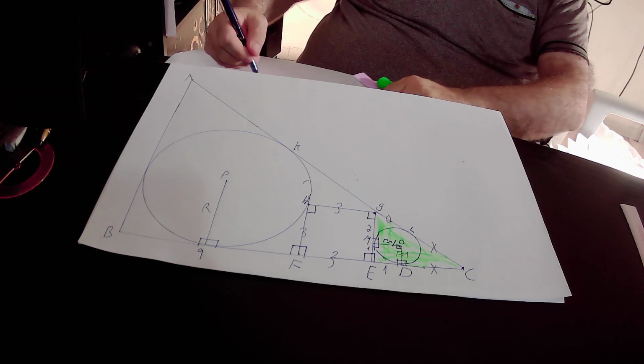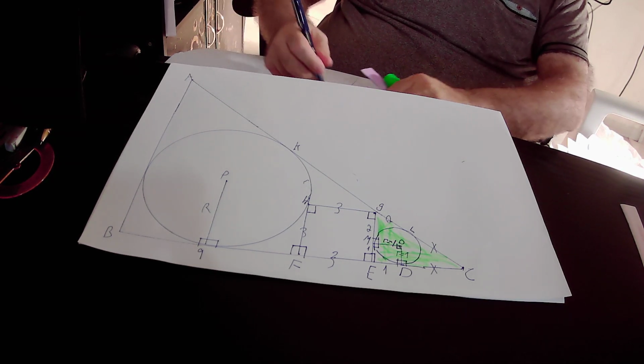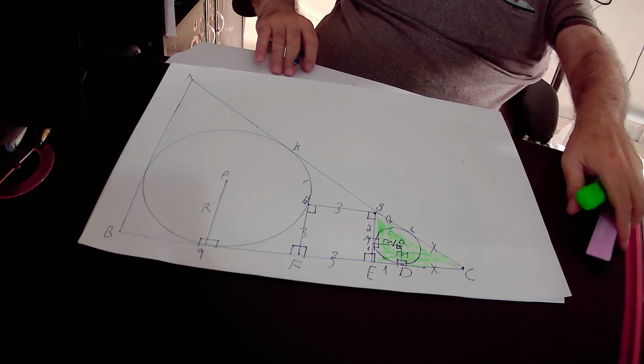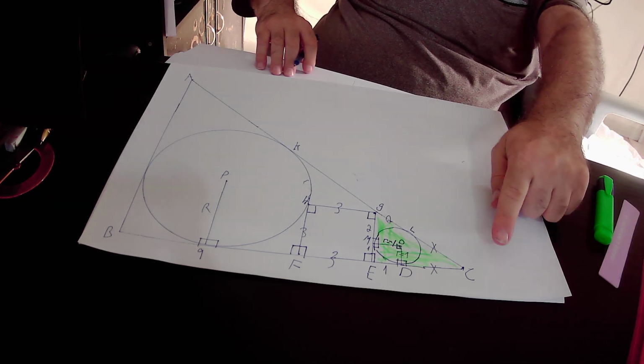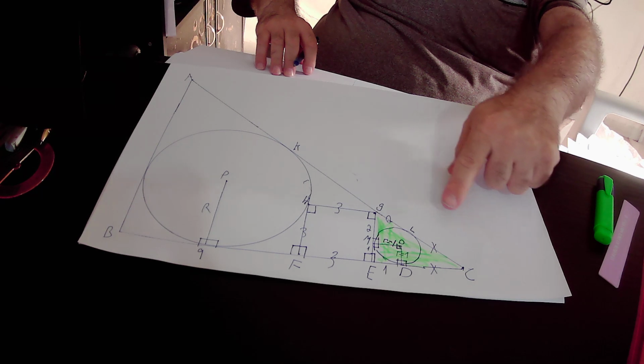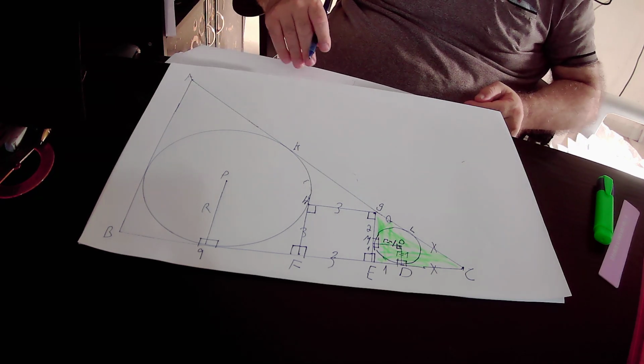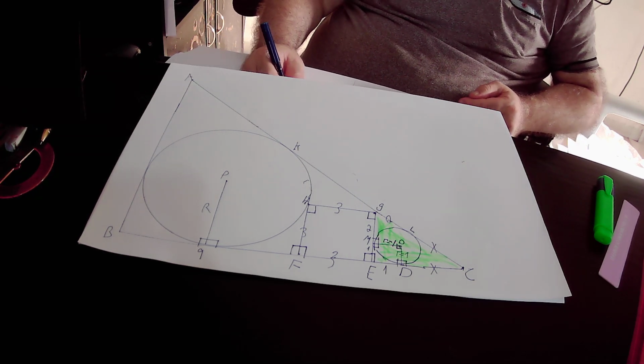Here the hypotenuse is GC, therefore the square of the hypotenuse is GC square.